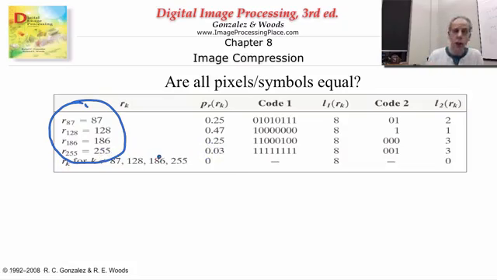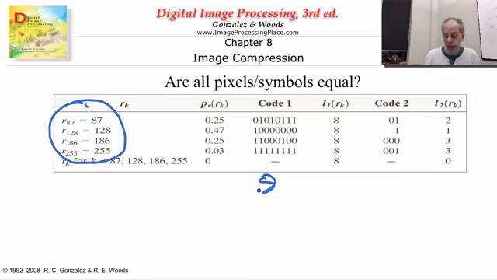The standard way to represent this image is an array where, for every pixel, we have a binary code with 8 bits. So we represent 87 with its binary representation, we represent 128 with its own binary representation, and so on. At the end, we are spending 8 bits per pixel if we don't compress.